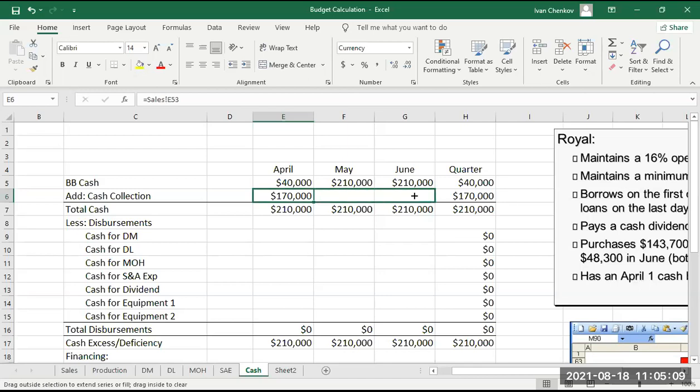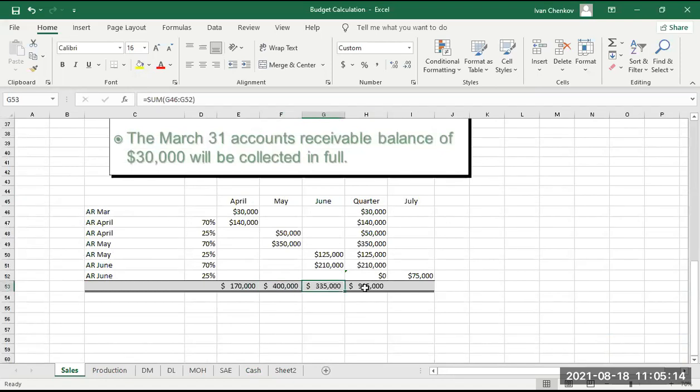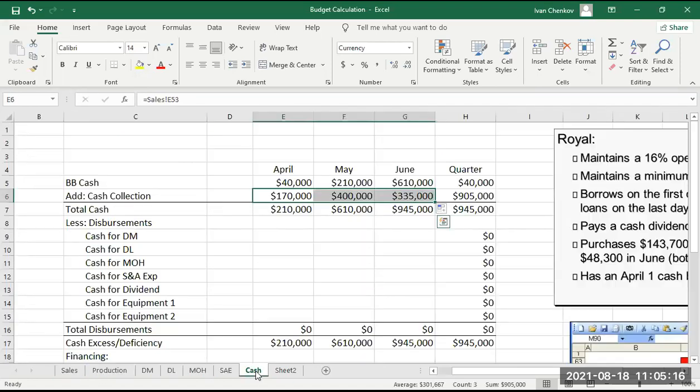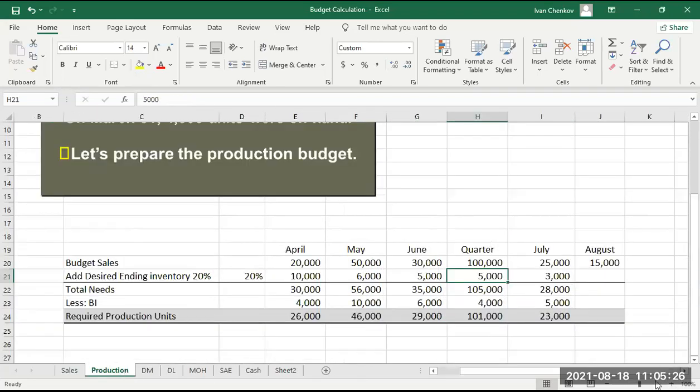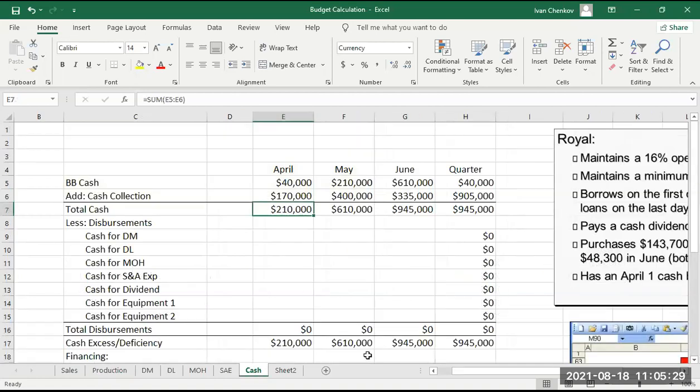So if I drag this, I should get the same numbers. So let's double check this. 905 is what I get. So the total cash that I'm going to have in April, May, and June is equal to those numbers. Make sense? Do you understand how I get the cash that I'm collecting?